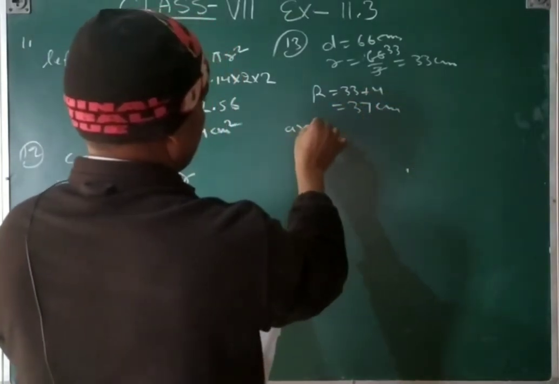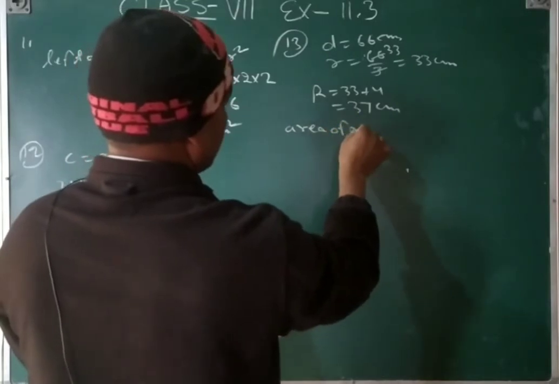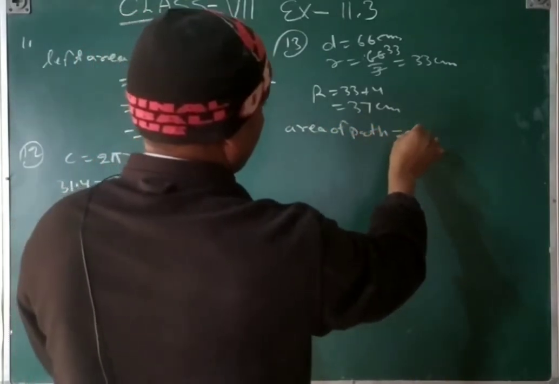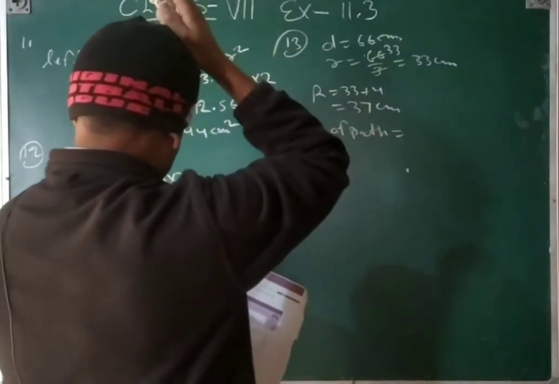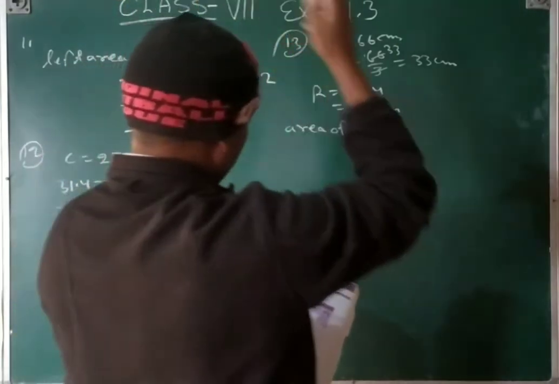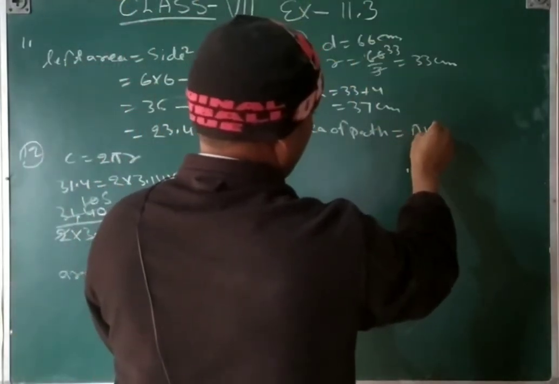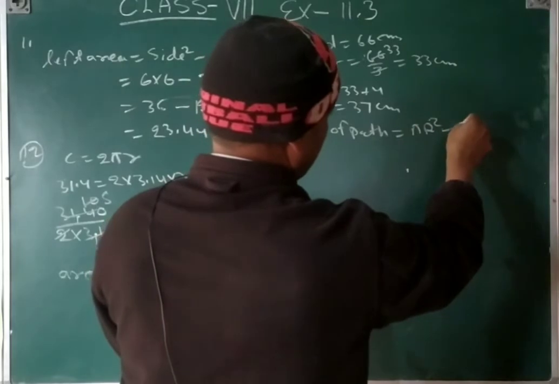So area of path is equal to pi R square minus pi r square.